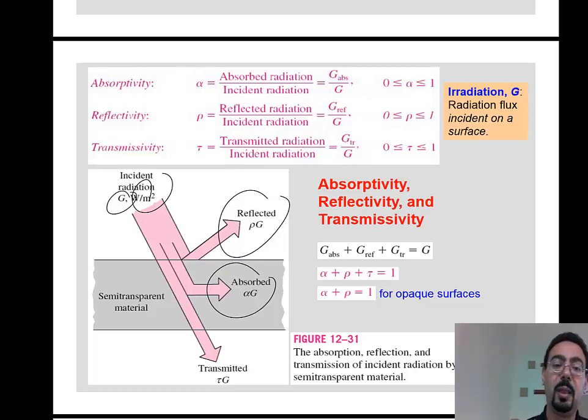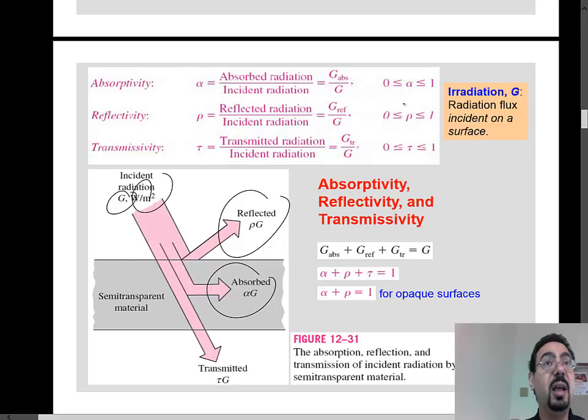Okay. So alpha is absorptivity, rho is reflectivity, and if this surface is transparent like a glass plate, you will have rho and alpha, but also you'll have tau, and tau is the transmissivity. So eventually at the end of the day, of course, alpha plus rho plus tau equals 1. Right?